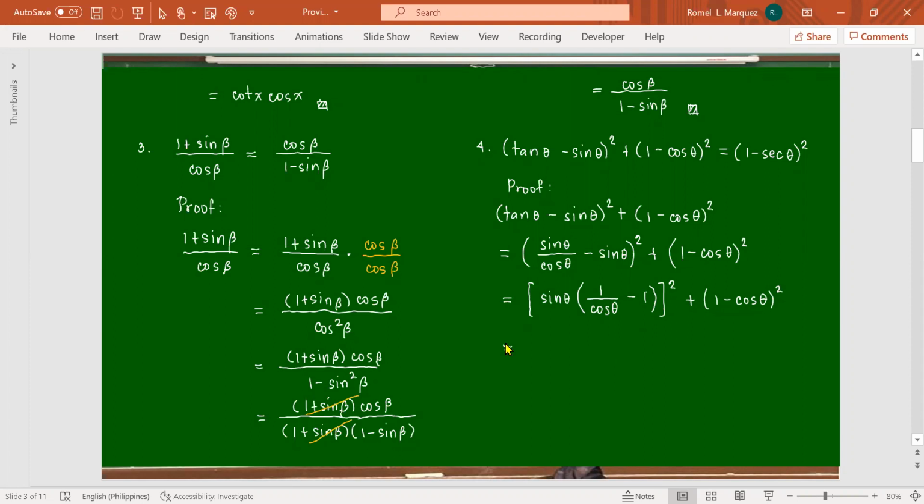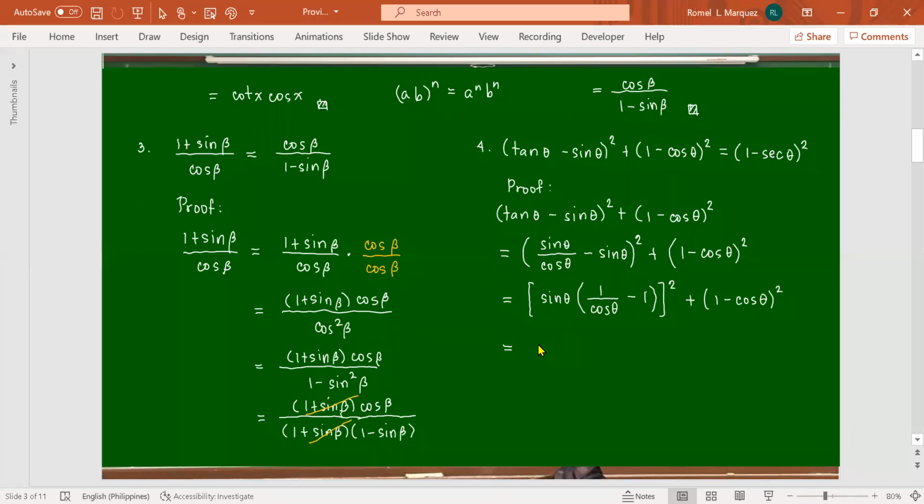Are you now seeing a progress, guys? Because I want it in terms of secant, let me express 1 over cosine in terms of secant, and at the same time, distribute this exponent to the factors inside. Remember, in algebra, a times b raised to n, I can express this as a to the n, b to the n.